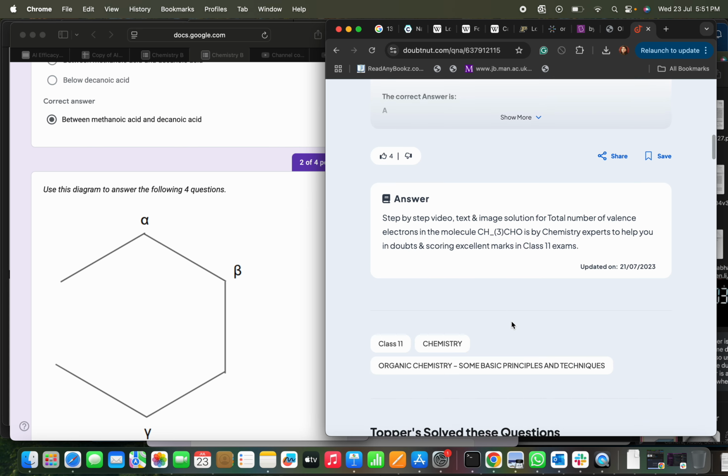How many propyl groups can be added to the first CH2? Okay, I think this is too difficult. Sorry, again, mistake. What is a propyl group? Let's start with that.